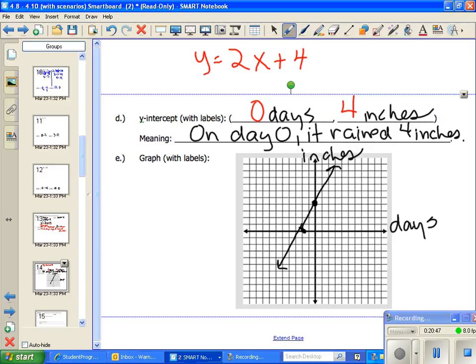Does anyone have another way that we could have graphed it? Did you forget everything that we've just been doing for 2 or 3 weeks? Molly. What would you use to do rise over run, Molly? Okay, 2 over 1.